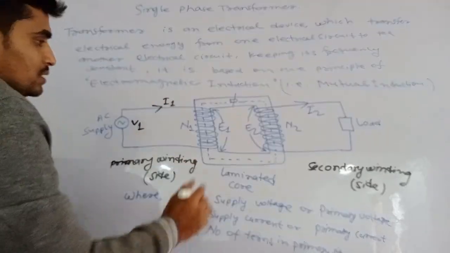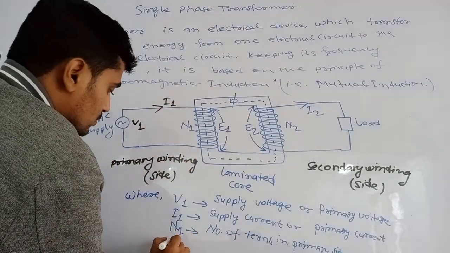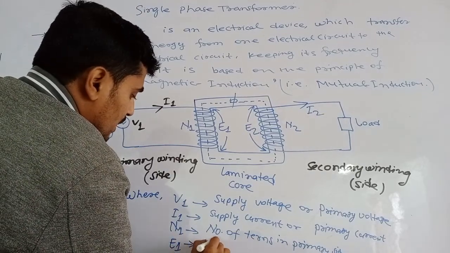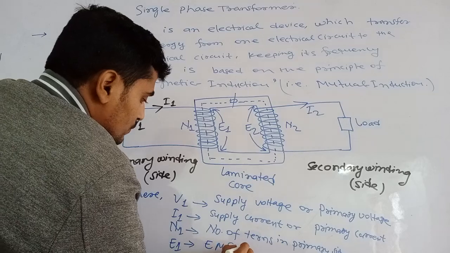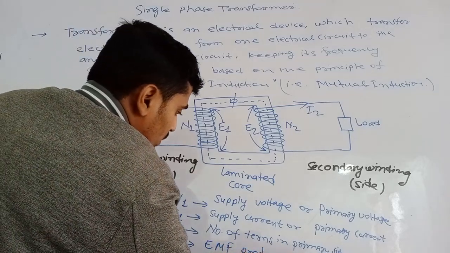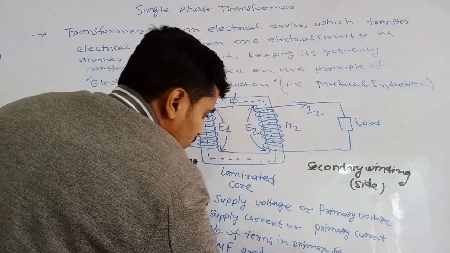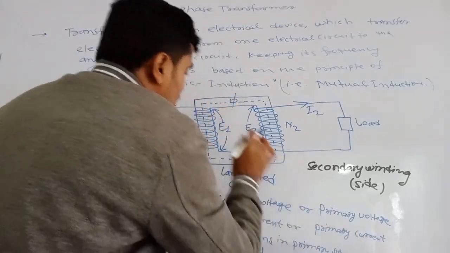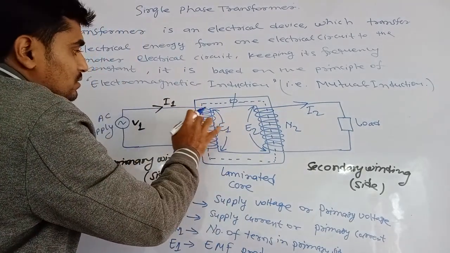Similarly, E1 is the EMF produced in the primary coil, meaning this inductance.